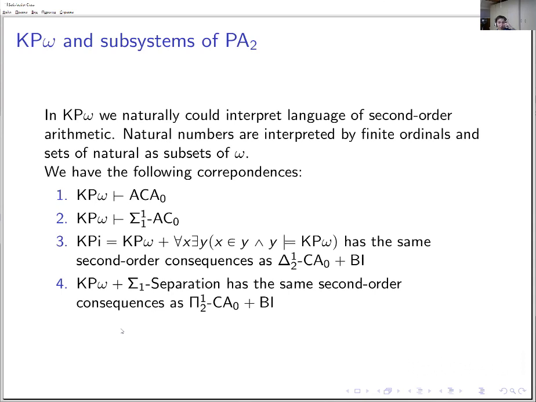And this is all very much connected to the theory of so-called large admissible ordinals. Basically, the idea is that Kripke-Platek set theory is a kind of computable analog of Zermelo-Fraenkel set theory.